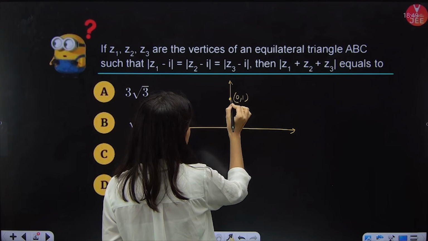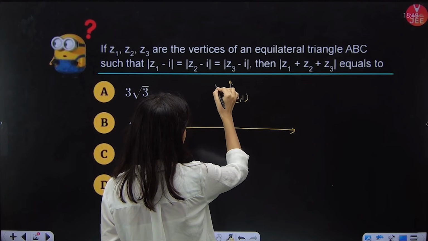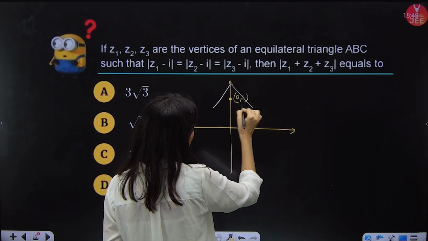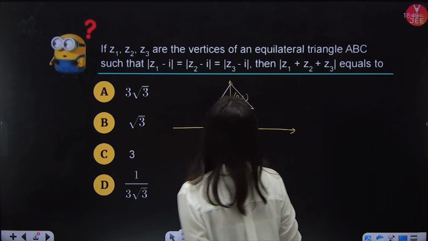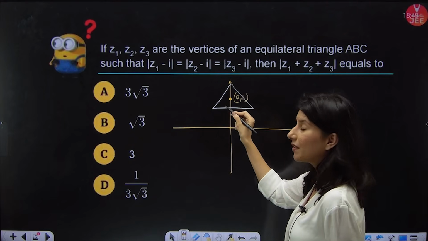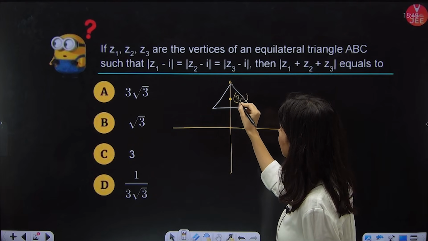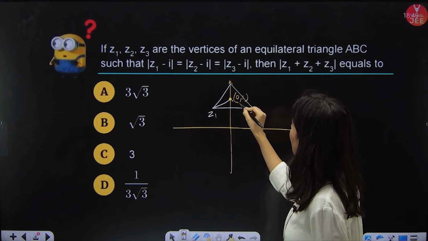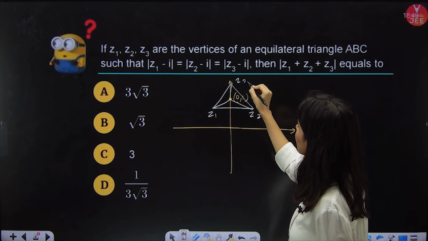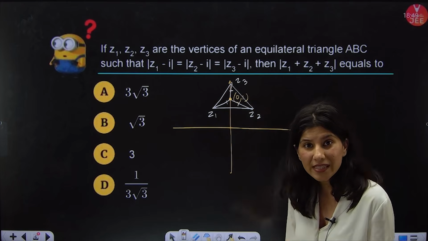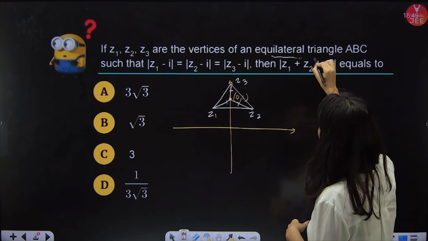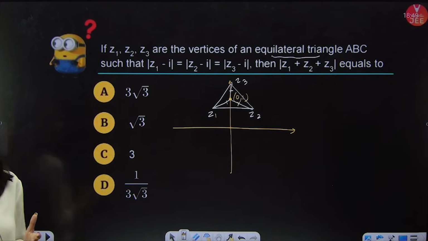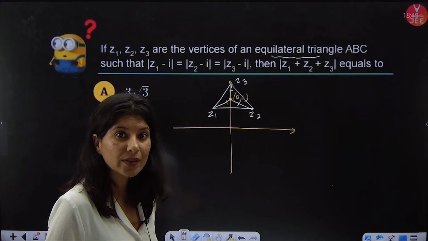So clearly this is the circumcenter, right? If I draw this equilateral triangle, the distance from iota to Z1, Z2 and Z3 are all equal. So this is the circumcenter, but in the case of an equilateral triangle, the circumcenter and centroid coincide with each other, right?